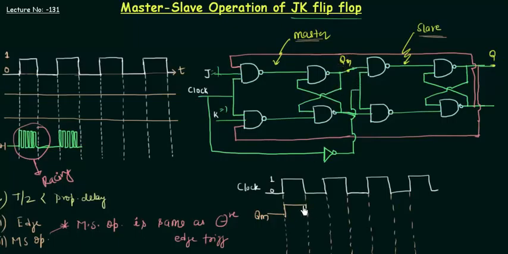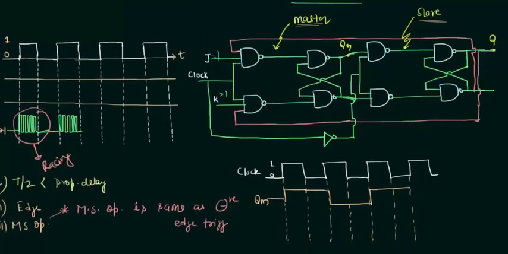It will be high for this entire time, because when the clock becomes low, the state will be stored, and the state was high, so it will be stored like this, and again when the clock is high, it will become low like this, and then high. So you can say that for a clock cycle we are having the toggling. Okay, it is high, then it is low. This can be used directly.